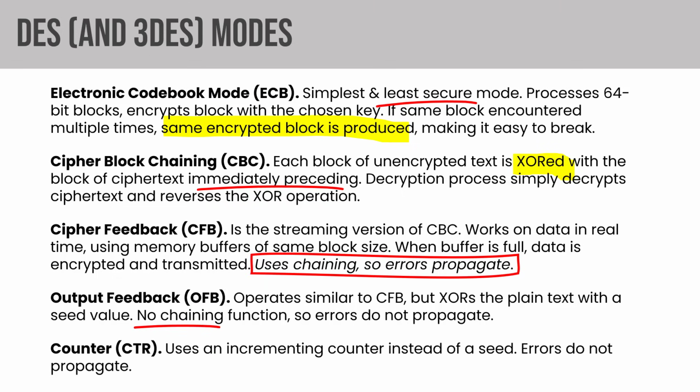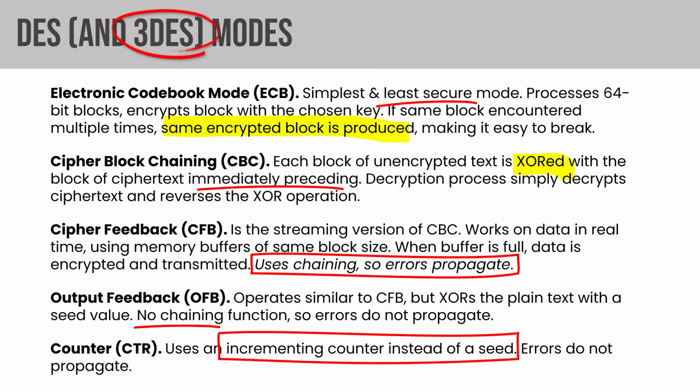Using that increment and counter is pretty easy to tie to that fifth mode. And then how is triple DES different? Well, triple DES runs DES 3 times with 2 or 3 different keys, to increase the effective key size to 112 or 168 bits, respectively.